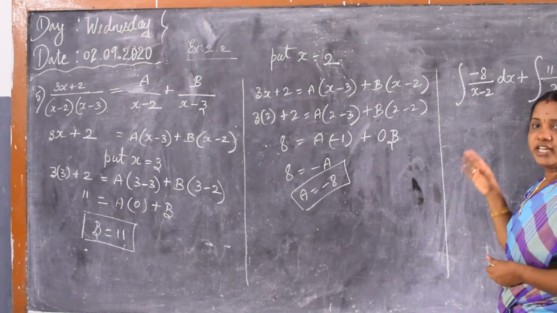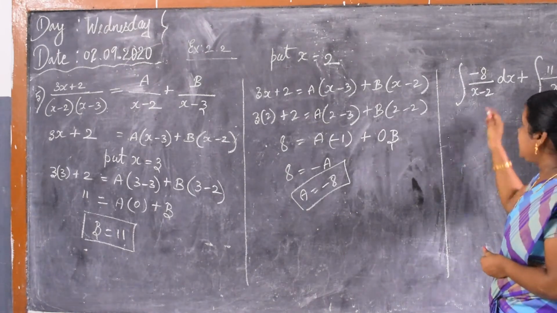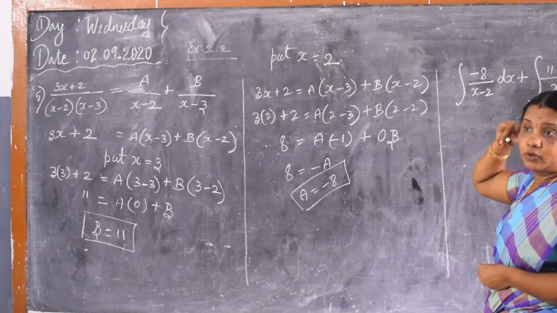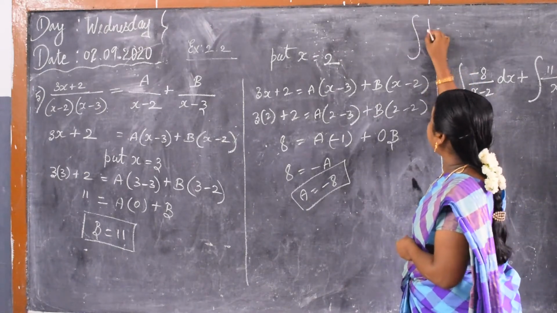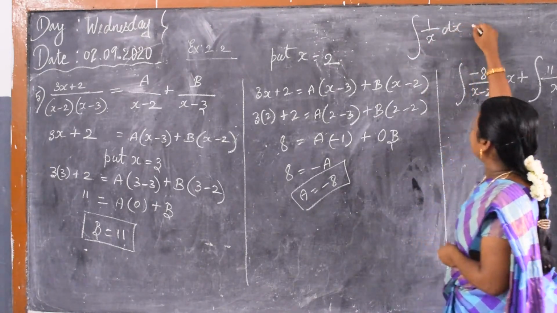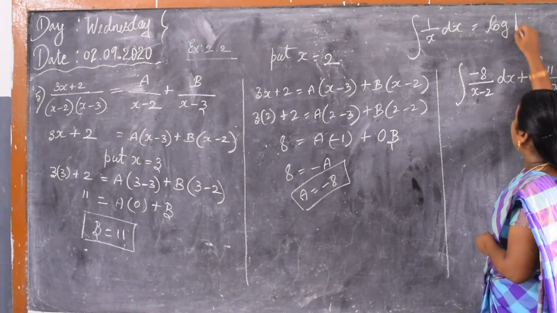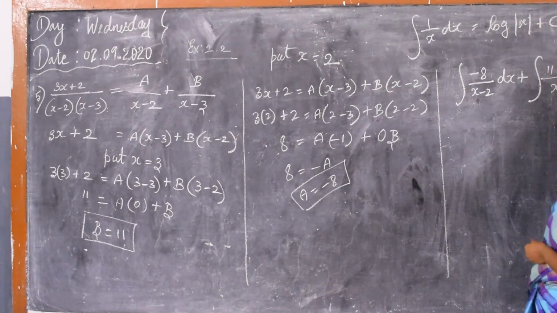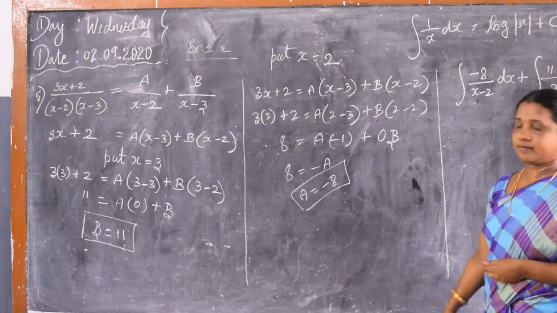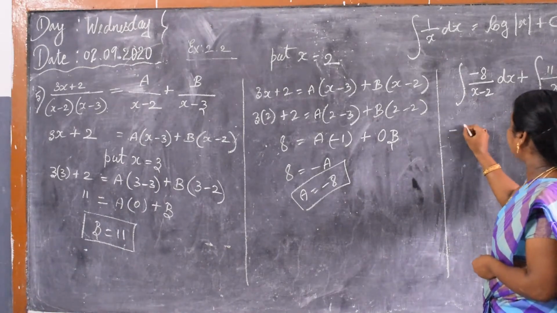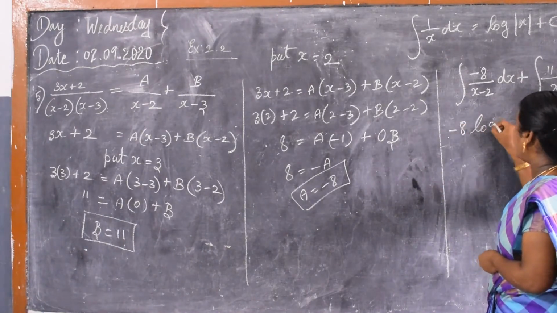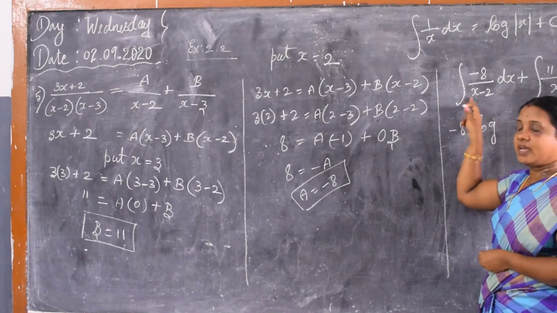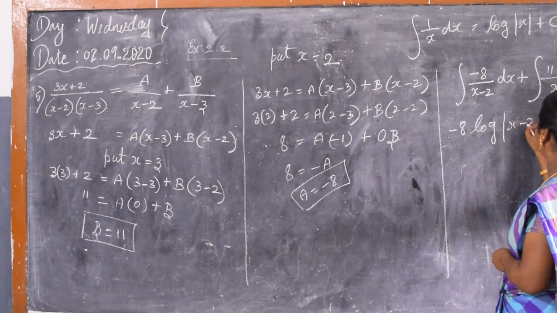Now you have to integrate with respect to x. See, already last class I told you one result. What is the result here? Integral of 1 by x dx is log x plus c. This result only I am again going to use here. See, -8 log, instead of x we write (x - 2), log|x - 2|.